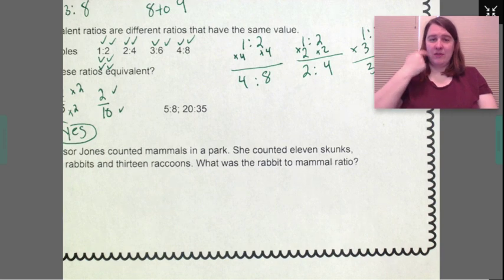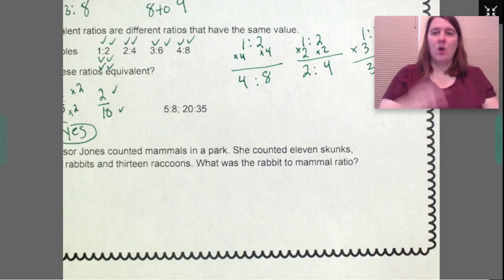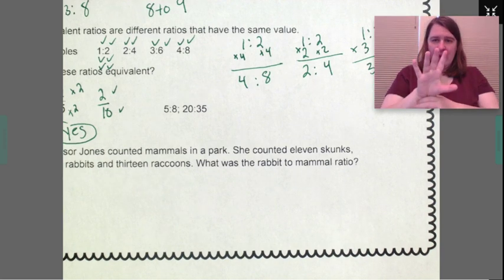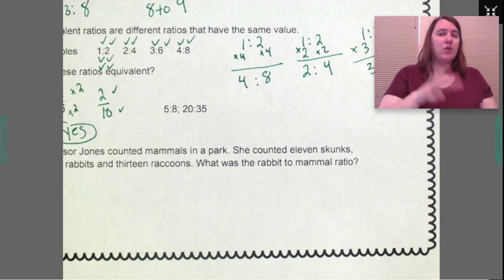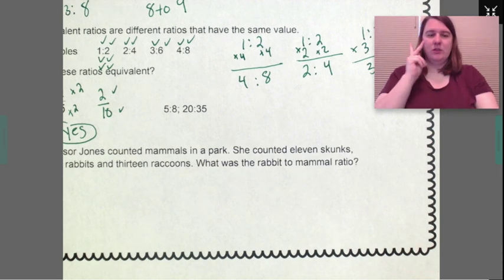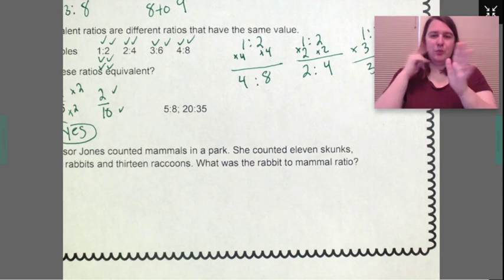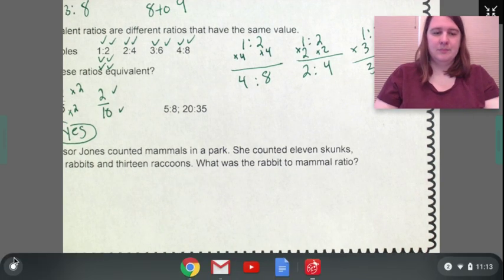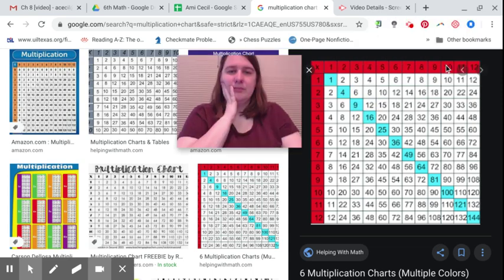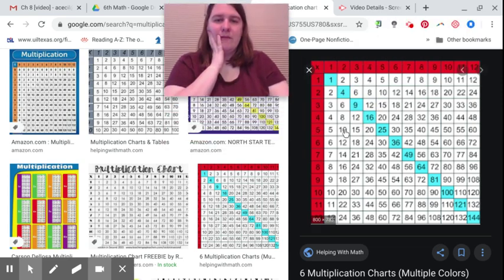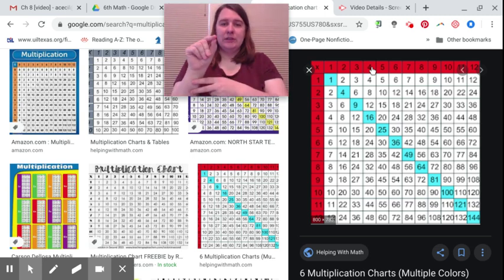All right, let's try 5 to 8 and 20 to 35. Let's see if they're the same. What can I do to 5 to make it become 20? 5 times 4. Let's look at our multiplication chart to prove that. 5 and 20 is 4.